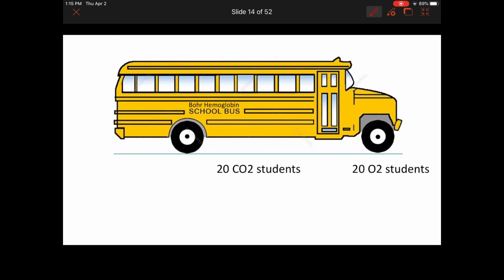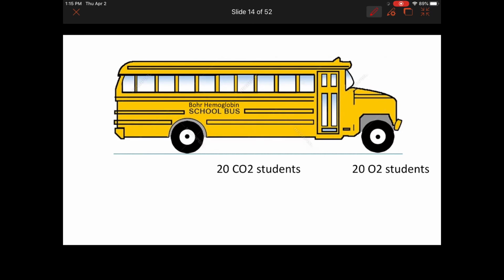This bus can only carry 20 students, but we have a number of different students that need to ride this school bus. As it turns out, there are 40 students that need to ride the school bus, but only 20 can fit on the bus.